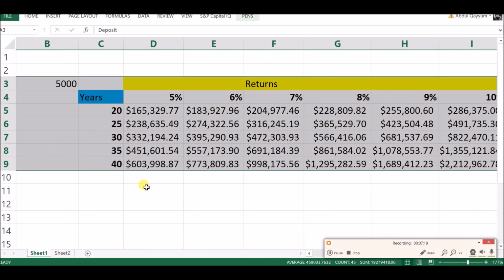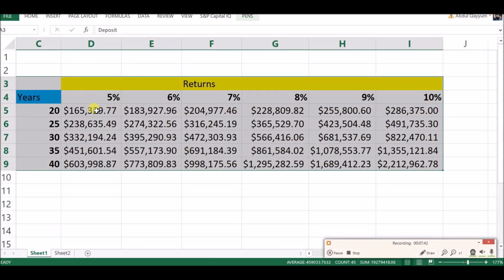Here, if you look at the 5% column, if we invest $5,000 at a rate of 5% for 20 years, this will be our amount. But if we do it for 40 years, our amount will be five-fold. If we invest $5,000 for 20 years at a 5% rate, it will be $165,329.